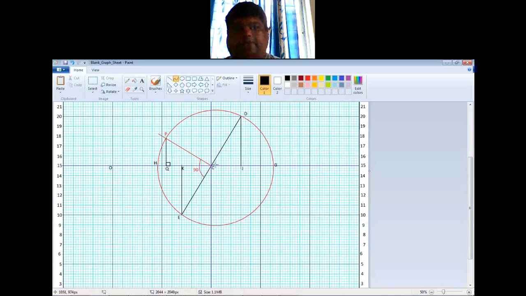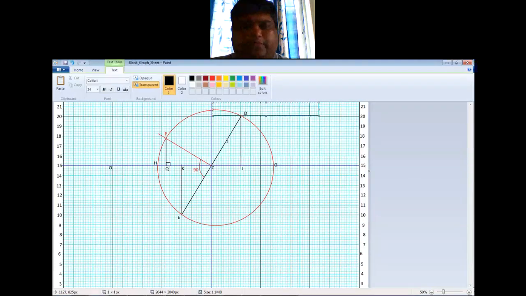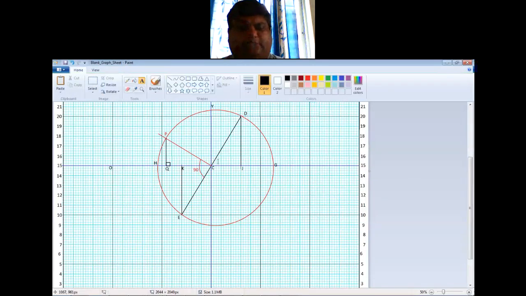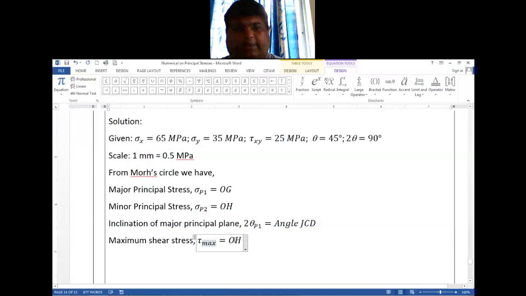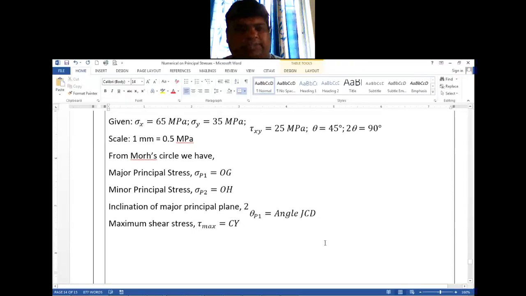It is CD, right? Or I'll just make another point here as Y. So CY is the radius of the circle and that is the maximum shear stress, CY, tau max.